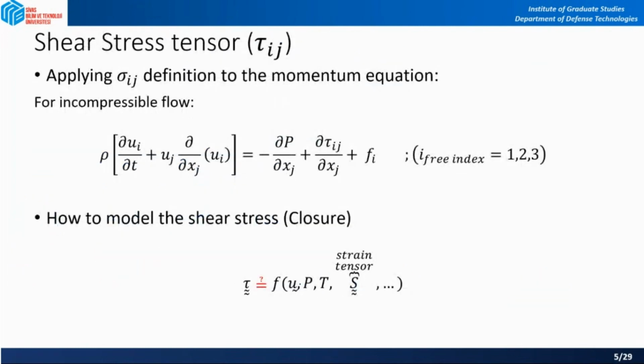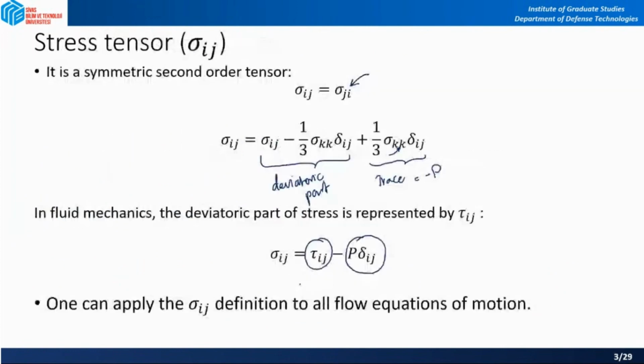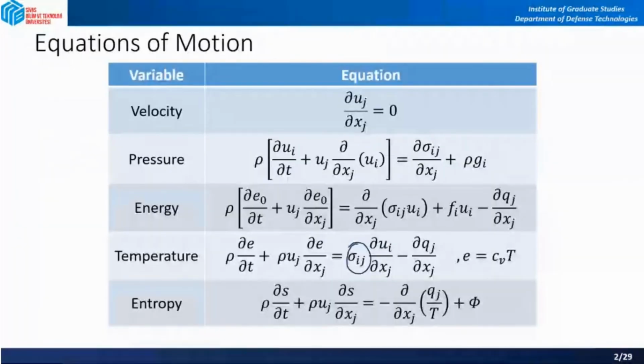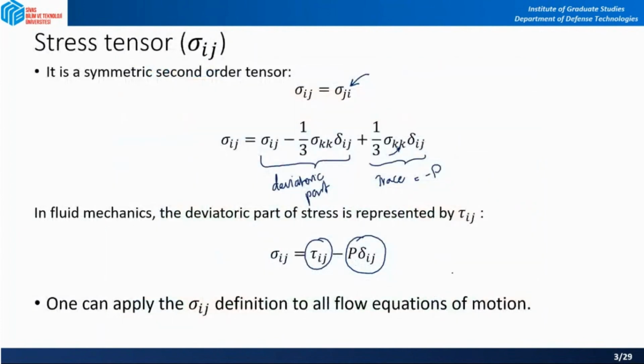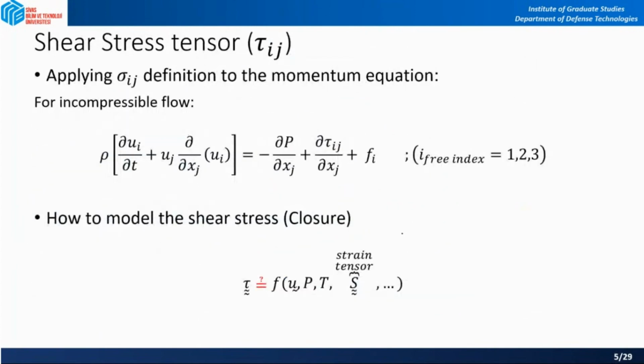So if I apply sigma ij to the momentum equation, let's go back and see, there is the momentum equation in here, and this is the sigma ij there. I'm trying to apply the definition of sigma ij, which is tau minus p, to the momentum equation. What will I get is this.